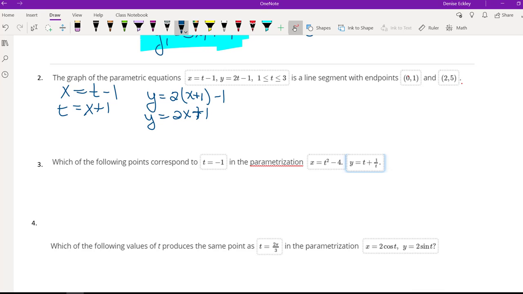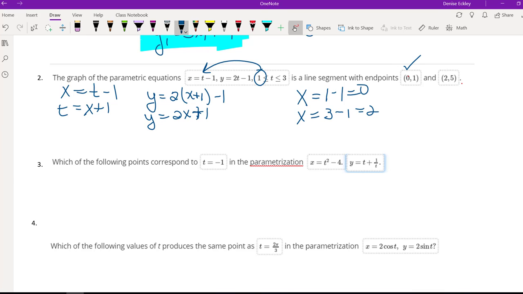So what I'll do is I'll take my x equation, and I'm going to substitute in 1 for t. So when I put 1 in for t right here, I get 1 minus 1, which is 0. And I'll do the same thing for the 3. I have 3 minus 1, and I get the 2.